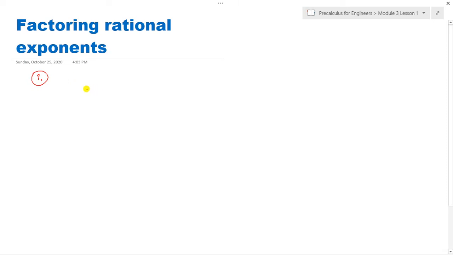So, in order to understand this, let's have an example. Let's say my first term is x plus 1 raised to 3/2. Class, the examples I am teaching here can be your basis to answer the assessments for module 3.